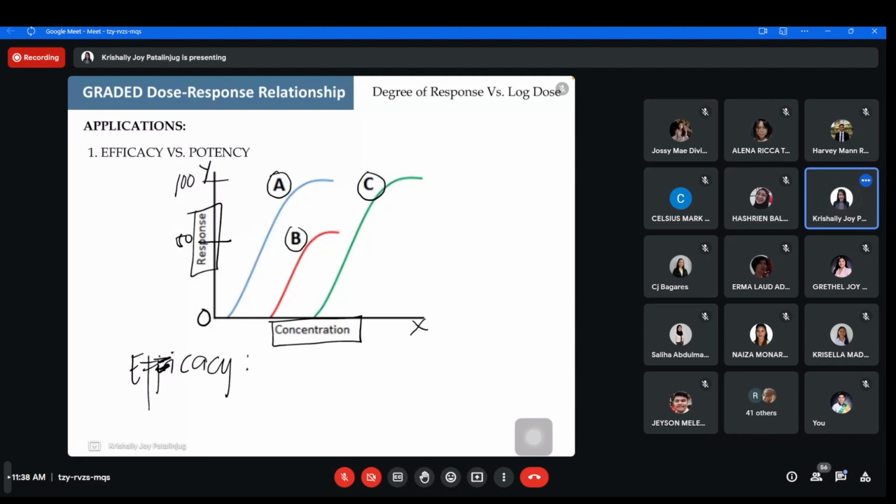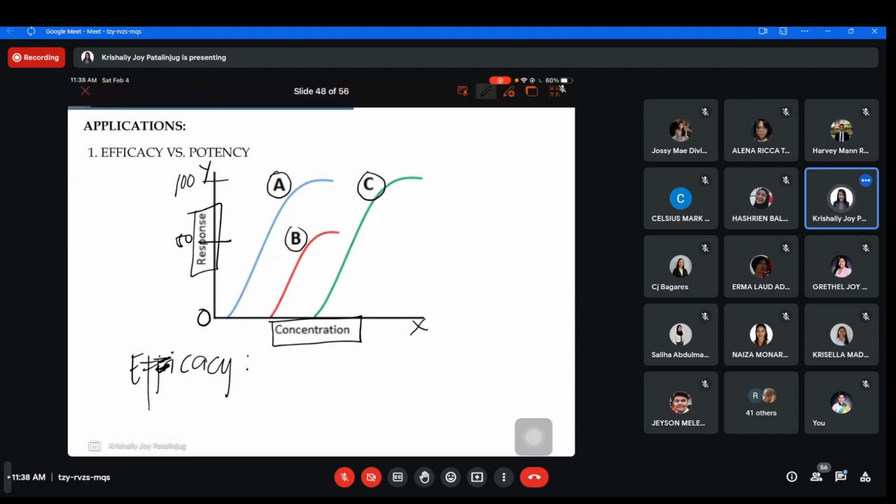So drug A has this point of efficacy based sa iyang curve. Same with drug C. For drug B, its efficacy, maximum rather, yeah.